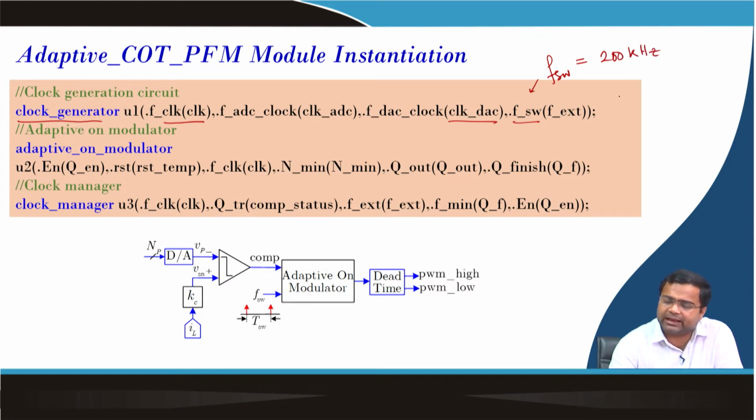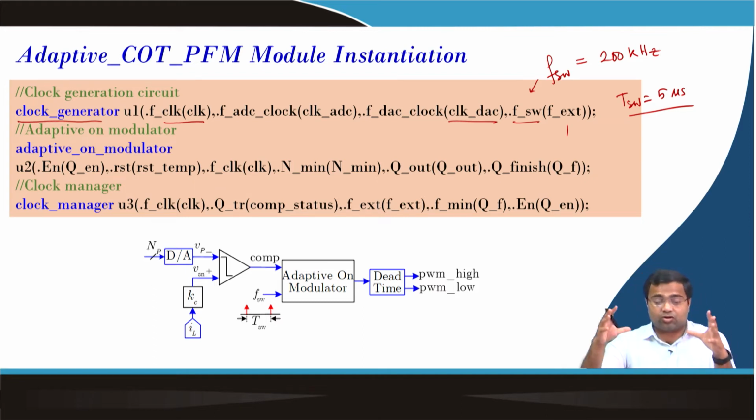That means the time period is 5 microseconds. After 5 microseconds, this edge will come and it will check whether your QTR is high or low. If the QTR is high and the monoshot timer is still not activated, it will simply turn on. Okay? So, that is why the external signal.